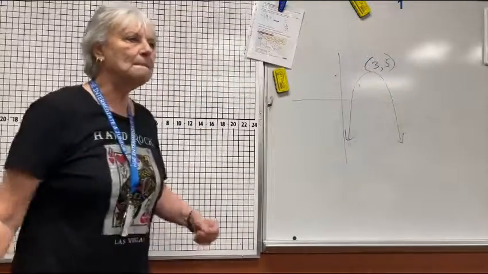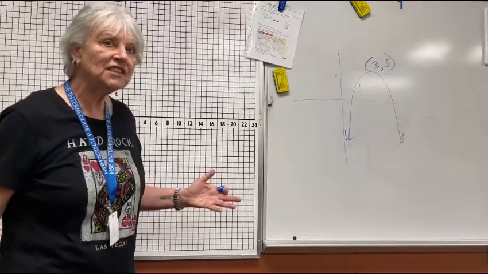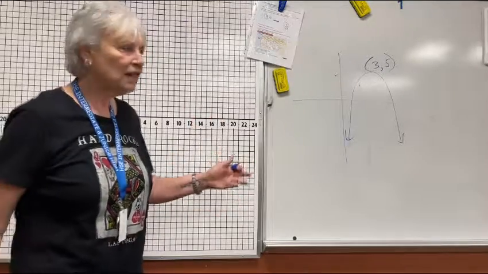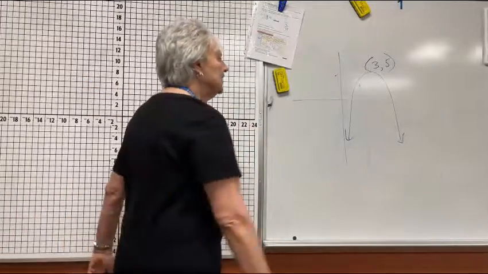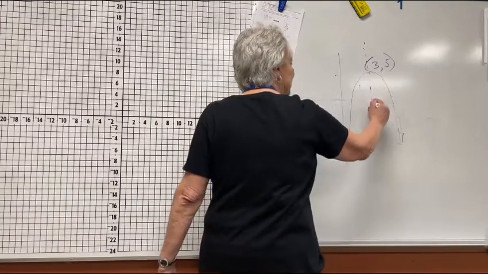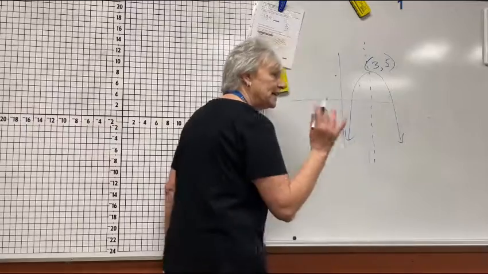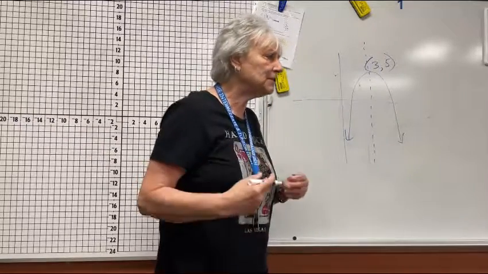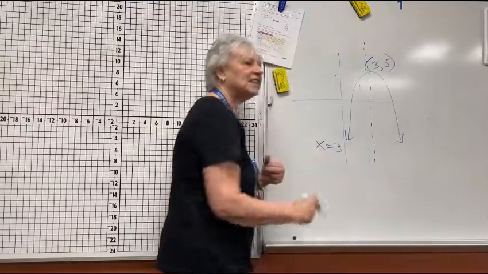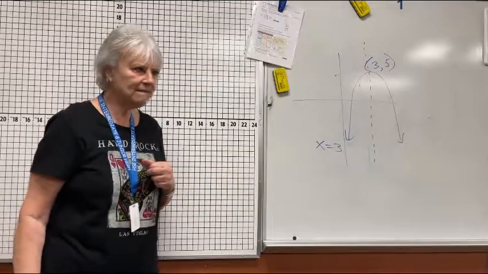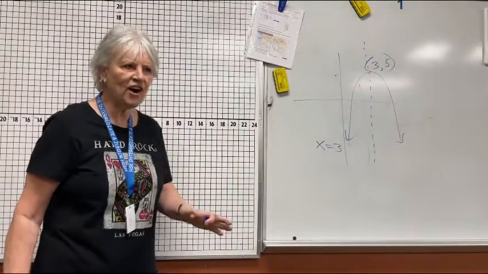The maximum value is 5. The vertex is 3, 5. The axis of symmetry is 3. Now, when you write the axis of symmetry, you always put x equals 3. Okay? With me? Nothing hard yet?